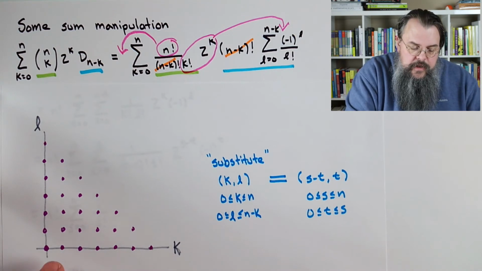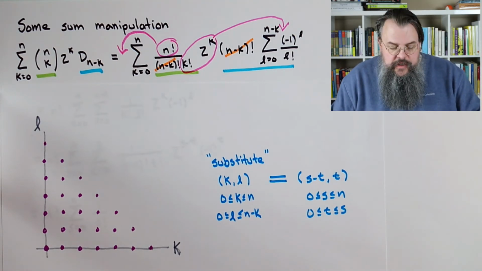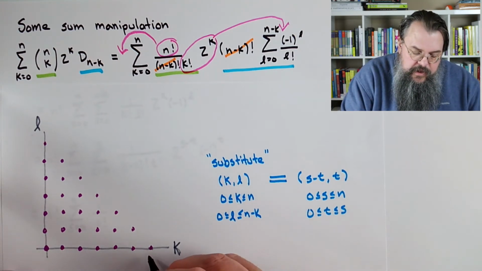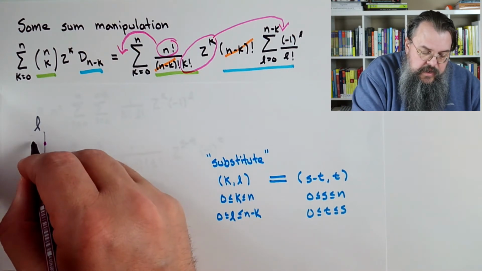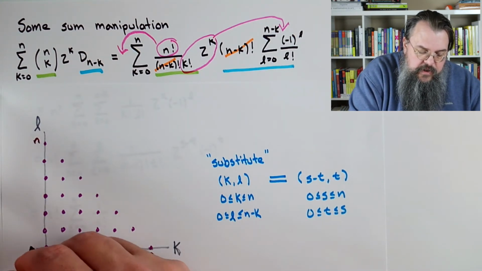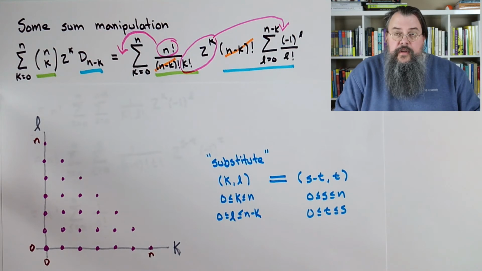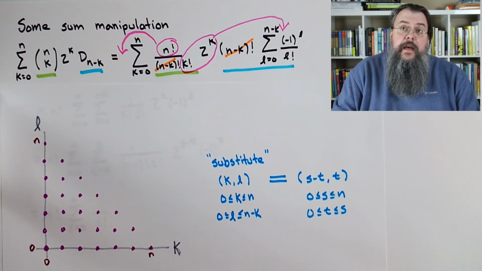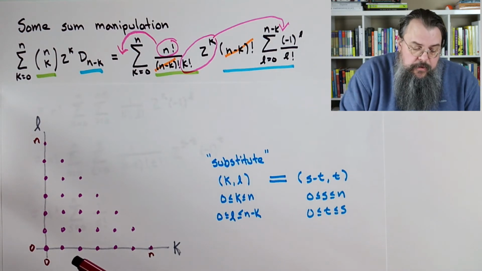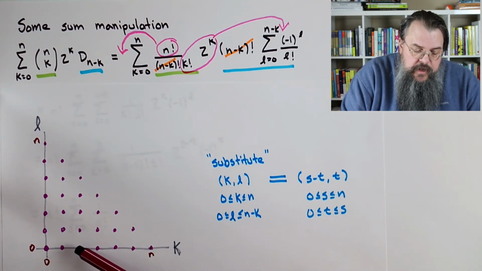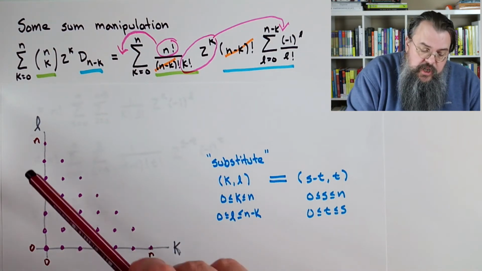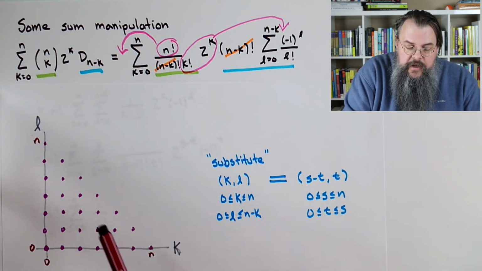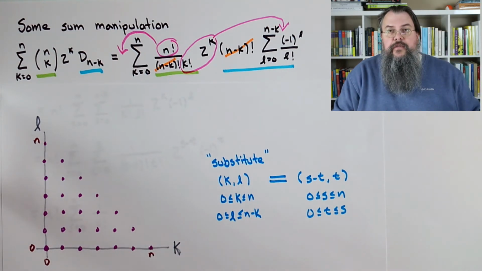Here is n, here is n, and over here is 0 and 0. Notice that k goes from 0 up to n. And once you know k, L goes from 0 up to n minus k. So in particular, the further over to the right you are, the lower that L goes to.